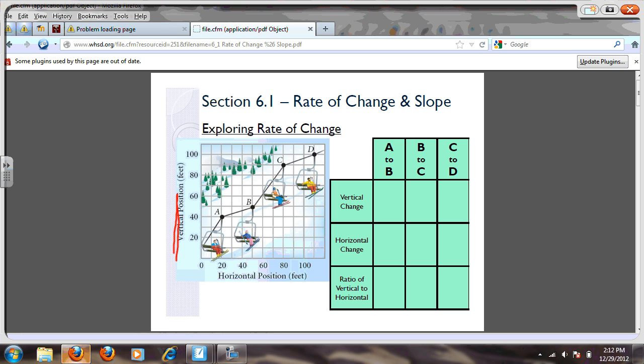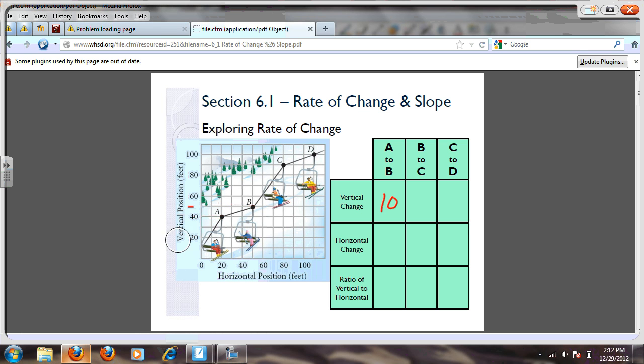Okay, so when we're looking at the vertical change from point A to point B, it goes up from 40 to this mark right here, which we're not sure of what it is, but since it is between 40 and 60, we can assume that it is 50. So the vertical change between A, which is at 40, and B, which is at 50, is 10.